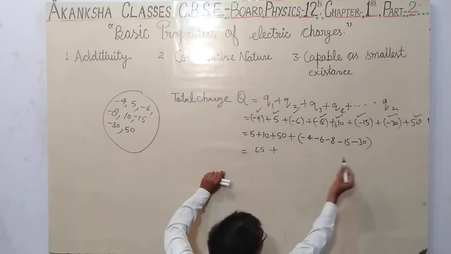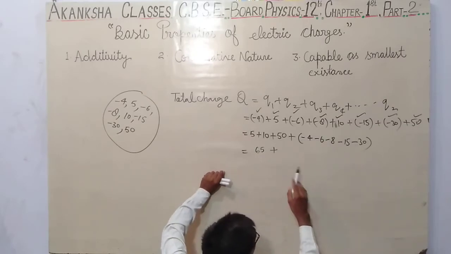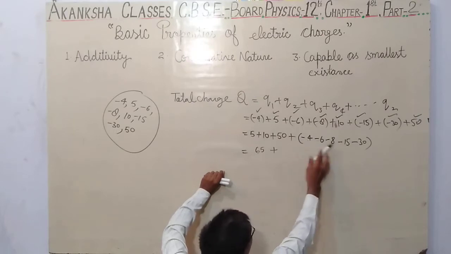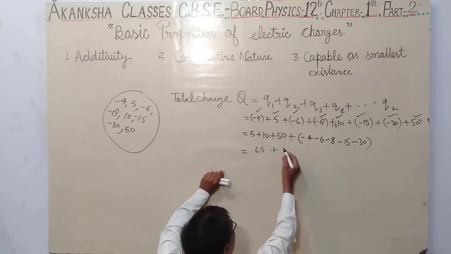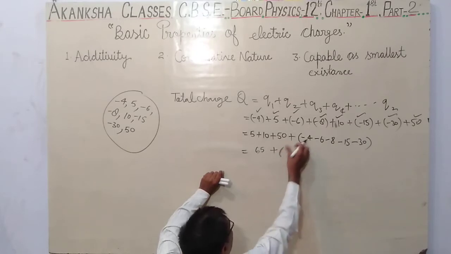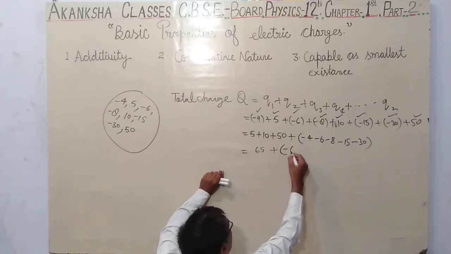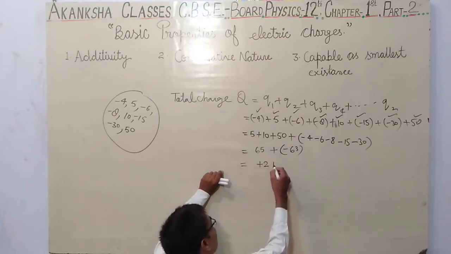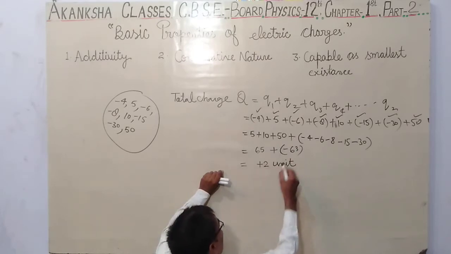Negative: 30 plus 15 is 45, 45 plus 10 is 55, plus 8 is 63. But minus 63. Thus plus 2 units.